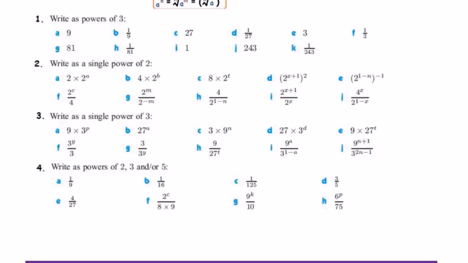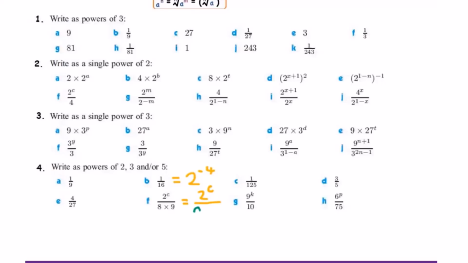For number 4, write as a power of 2, 3, or 5. For B, I can write 2 to the negative 4th power. For F, I can write 2 to the 6th power.